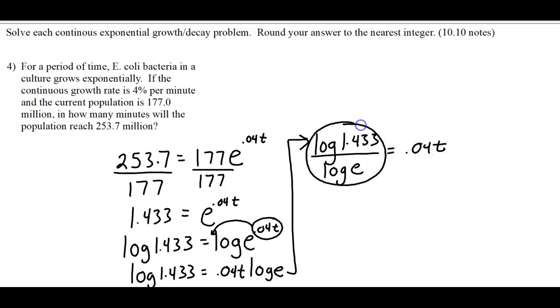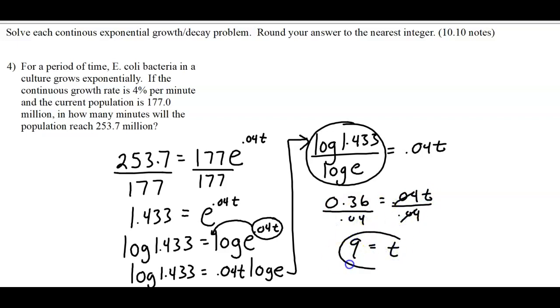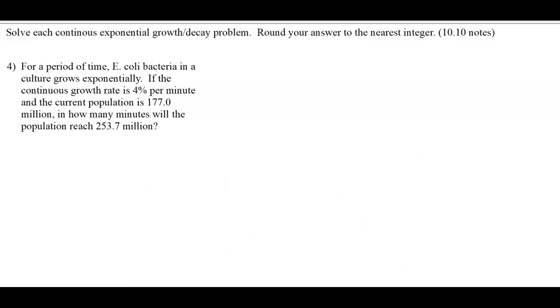This is going to be done on the calculator, and you get 0.36. Finally, we just divide both sides by 0.04, and we basically end up with 9 as a final answer there. Okay, so that is how we'll handle the word problems. Let's move on to number 6.